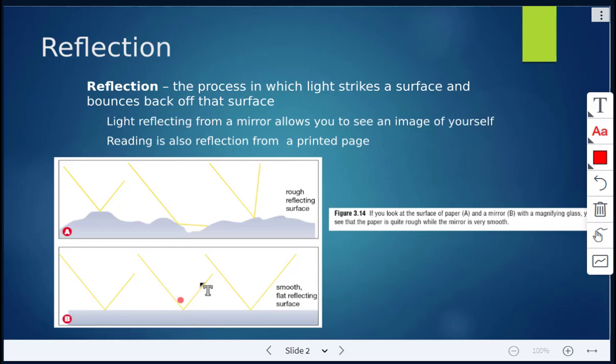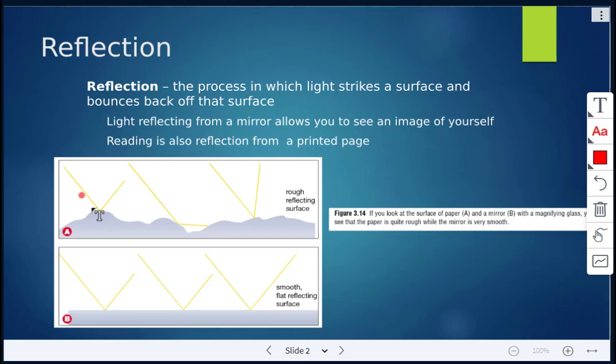All right, so here we have 2 images. We have image A, that's the surface of a paper, and image B, I believe, is something like a smoother, flat surface, like we could say a mirror. When we look at image A, the surface of the paper is much more rough.